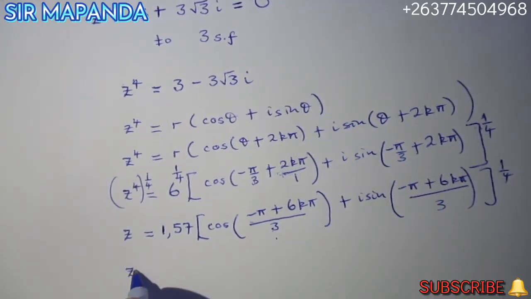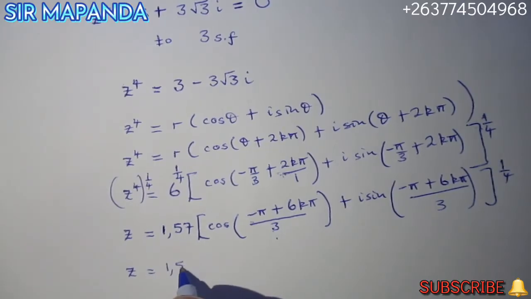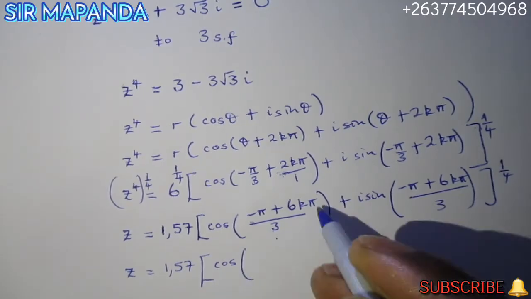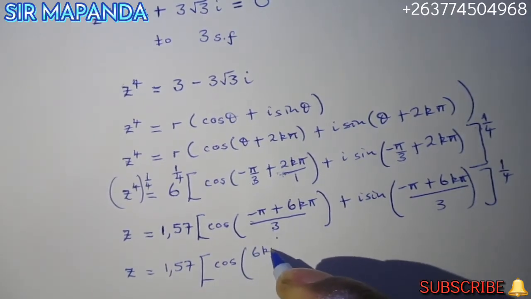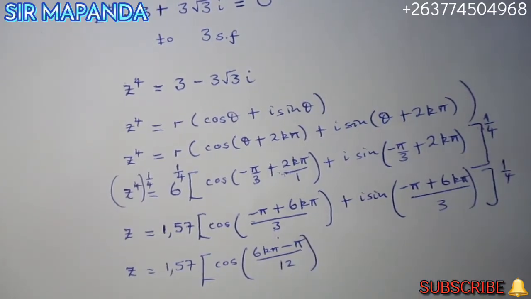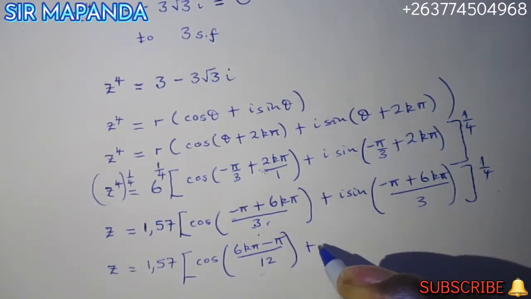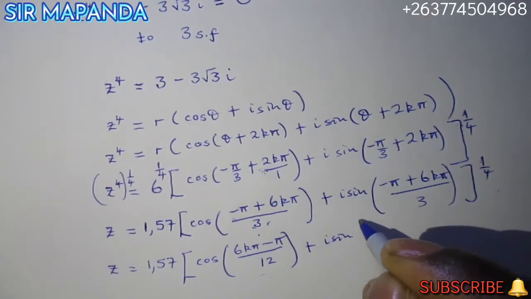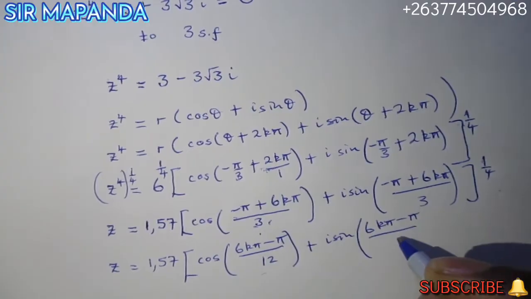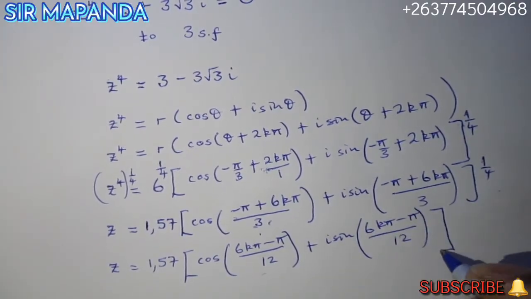So z is equal to 1,57, big bracket, cos, let me start with the 6k, the positive, 6k pi minus pi over 12, where 12 is coming from multiplying 1/4 with this 3, and 4 times 3 gives you 12, right? Plus i sine, open bracket, 6k pi minus pi over 12, then you close your bracket.